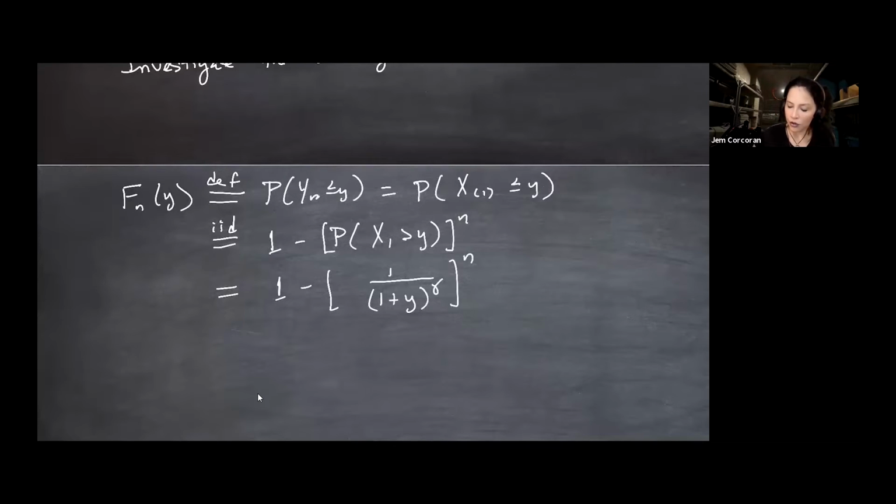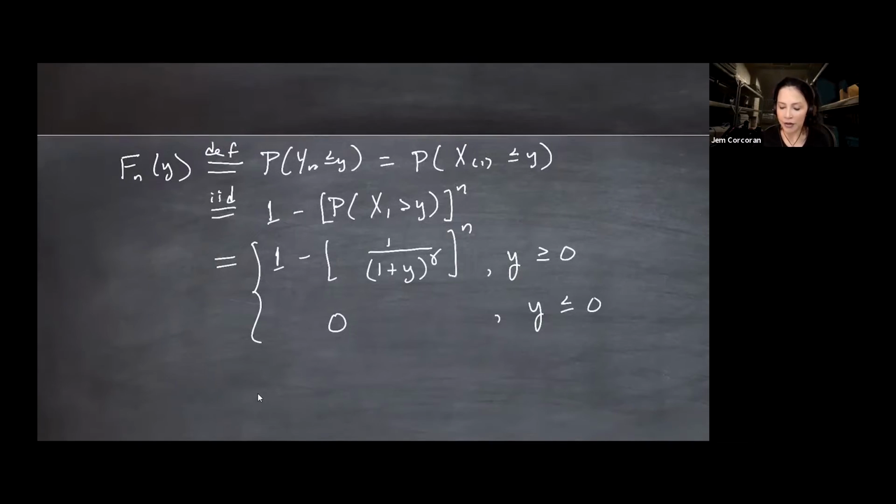So this holds for y greater than or equal to 0. And the CDF is 0 for y less than or equal to 0. It's actually continuous at 0, so I get to put the less than or equal to and the greater than or equal to.